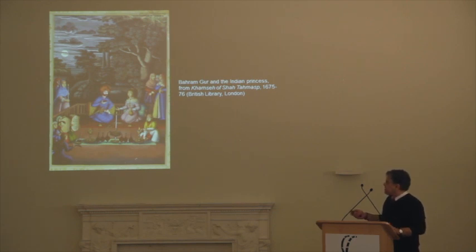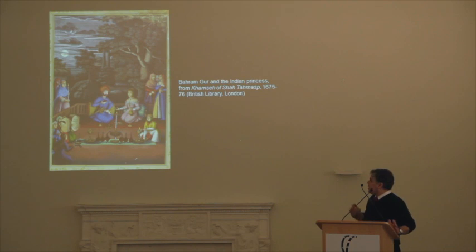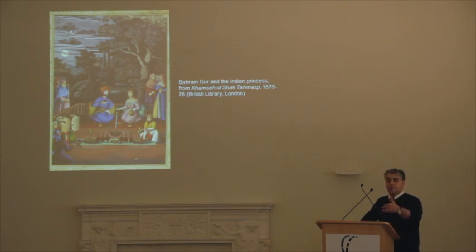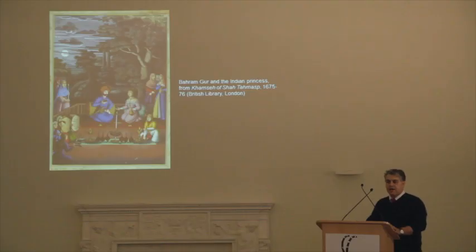And as you can guess, this painting was done when Safavid artists were becoming more and more familiar with Italian painting. They learned about perspective techniques. So now, as you can see, it's very three-dimensional, which was not common in earlier miniature paintings.